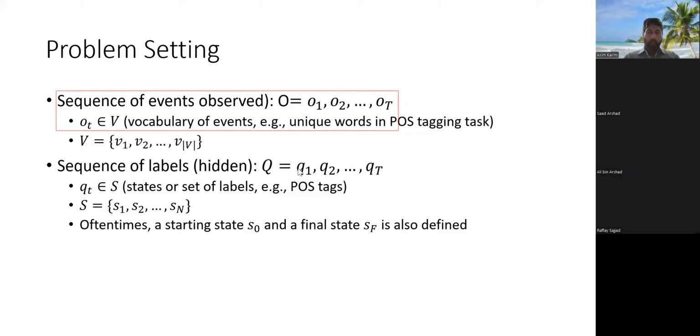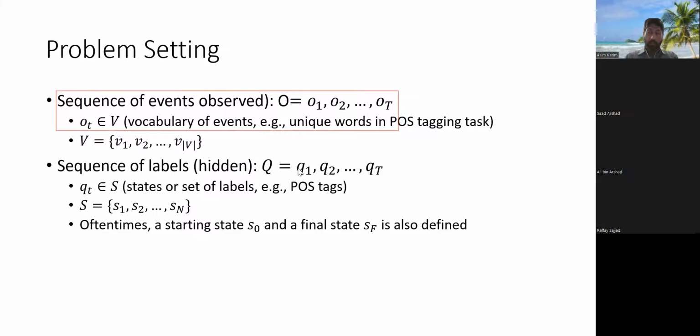We have a sequence of events, and these events, of course, are observed. For all of this mathematical formulation, we will focus on the POS tagging application. Of course, you can have other applications as well, for example, named entity recognition, but we will take examples of POS while we are discussing this.